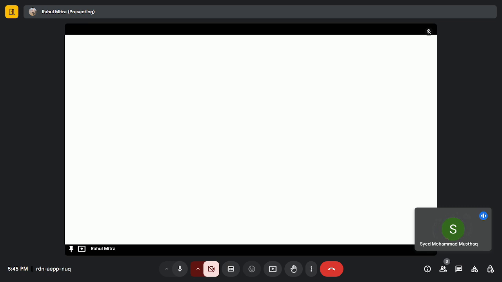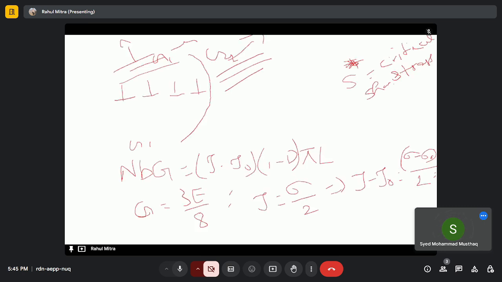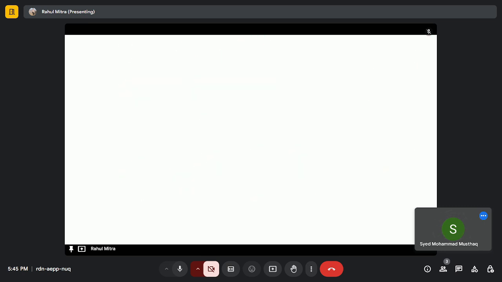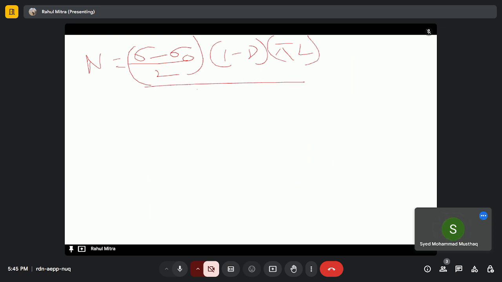Substituting those terms, n will turn out to be sigma minus sigma naught by 2 times 1 minus mu times L divided by 3b.